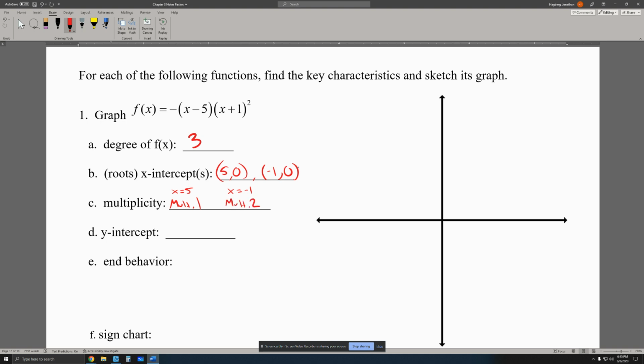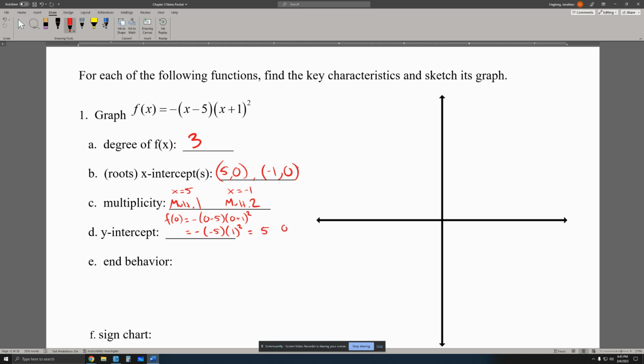The y-intercept, if we plug in 0 in for x, we would evaluate f of 0. So this would be equal to negative the quantity 0 minus 5 times the quantity 0 plus 1 squared. And we get negative, and then -5, and then 1 squared. Well, this is equal to positive 5.